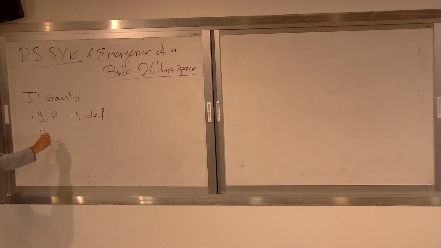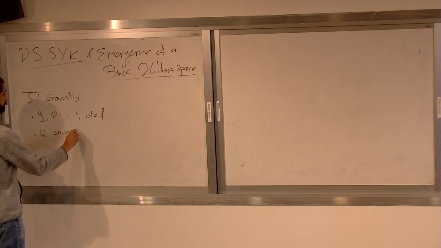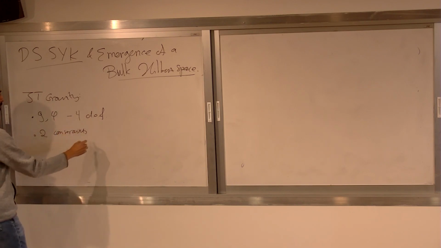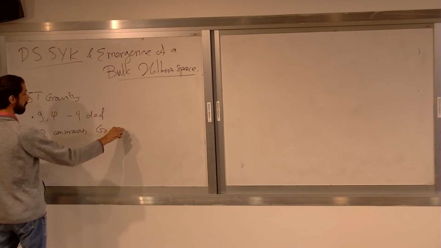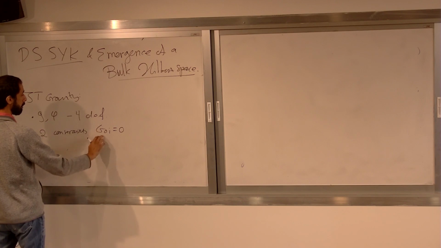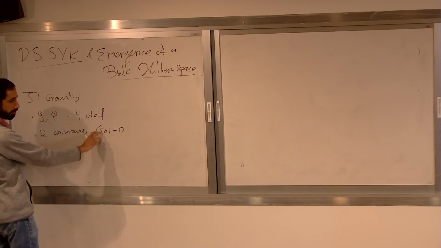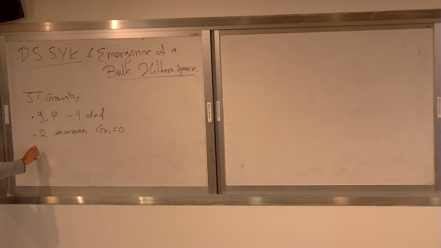It has 2 constraints, coming from G0I equals 0, the Einstein tensor, for all r's.